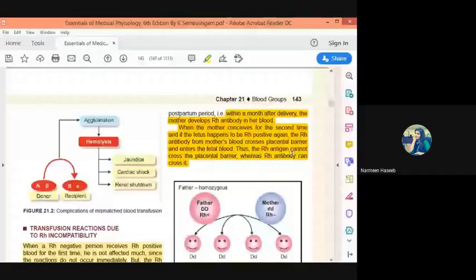And once those antibodies entered into the baby, which is again Rh positive, these antibodies and antigen produced a mismatch reaction, which resulted in the hemolysis, premature hemolysis of RBCs.